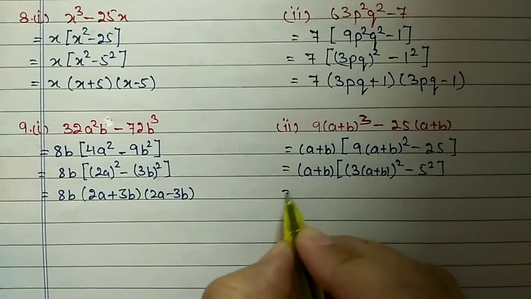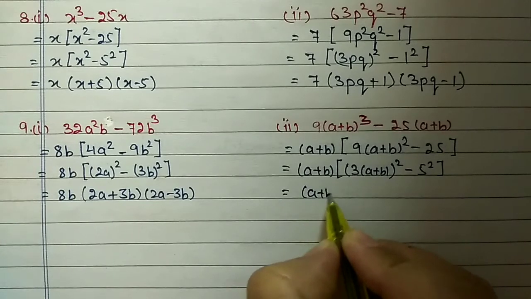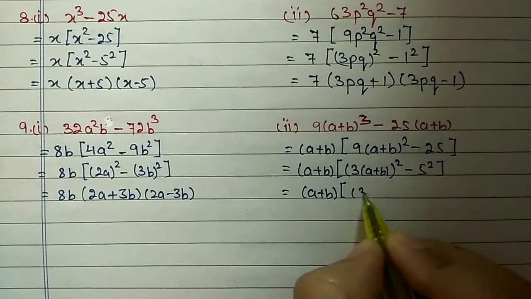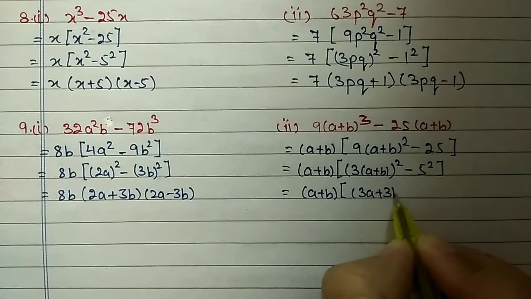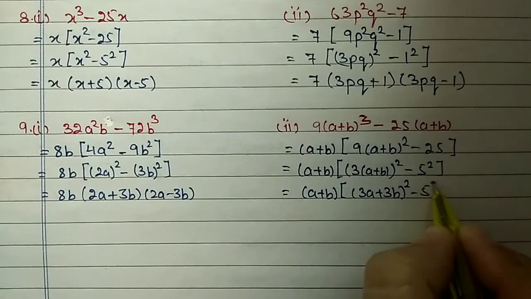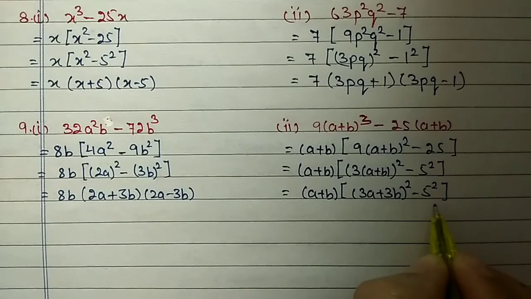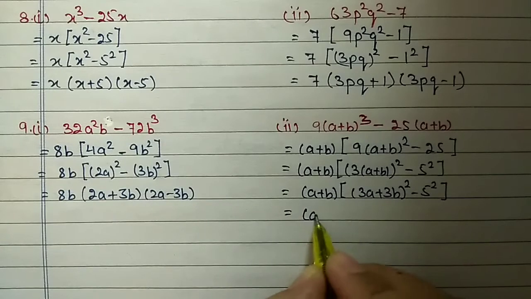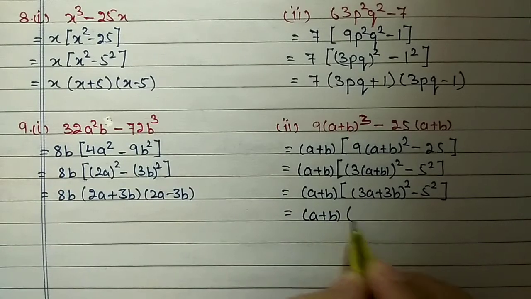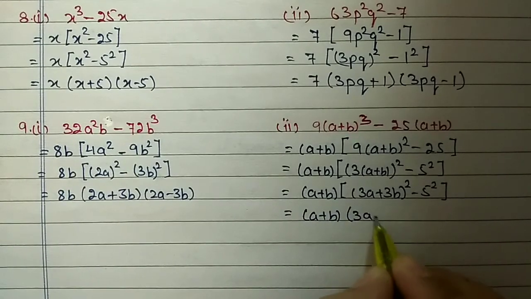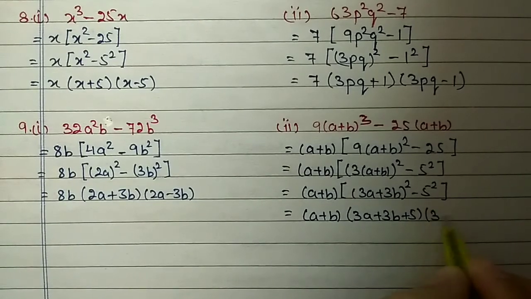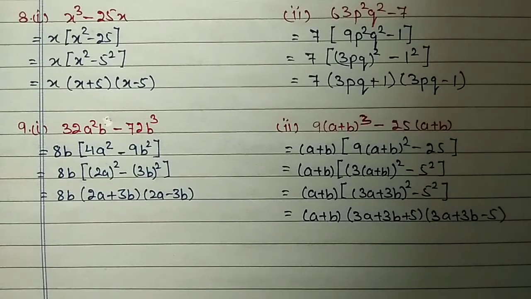Multiply this 3 inside the bracket. Then (3a + 3b)² − 5². So this whole bracket we have to treat as one term. So a² − b², (a + b)(a − b). So a is 3a + 3b, giving (3a + 3b + 5) and (3a + 3b − 5).